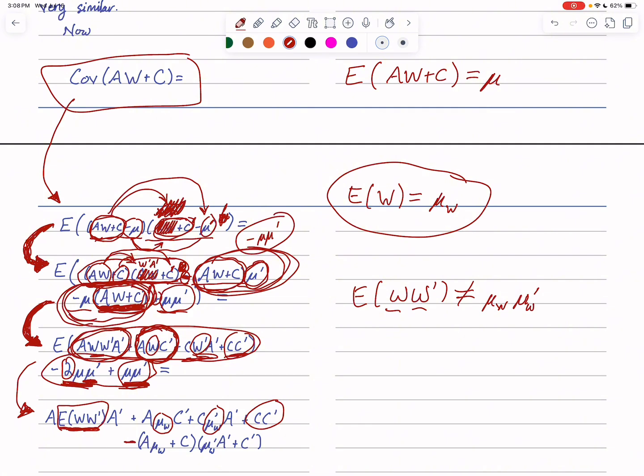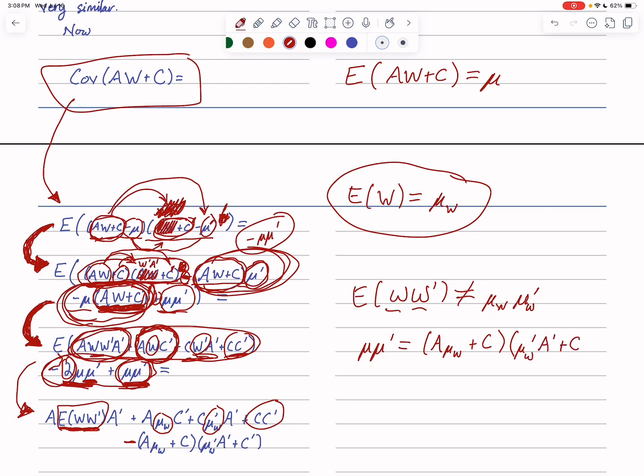Because I have negative 2 of them and then positive 1 of them, so I just have negative 1 of them. And then writing out what mu mu prime is, I'm just using the fact that mu mu prime is in fact equal to A mu_W plus C, and then mu_W prime A prime plus C prime.